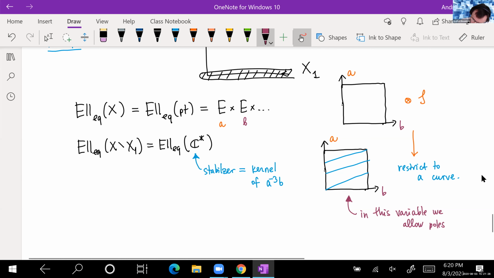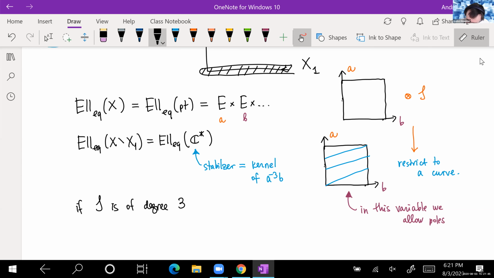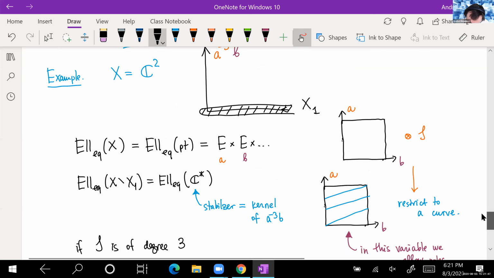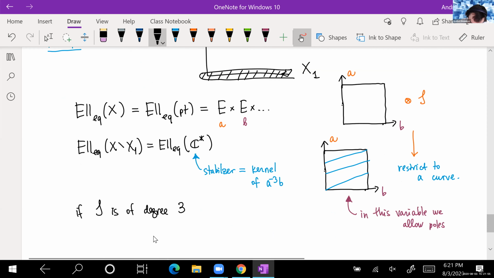So if S is of degree 3, which stands to reason because we would like S to be like the attracting manifold, and so it better have this degree 3 here. This is the same as the degree of the attracting manifold.